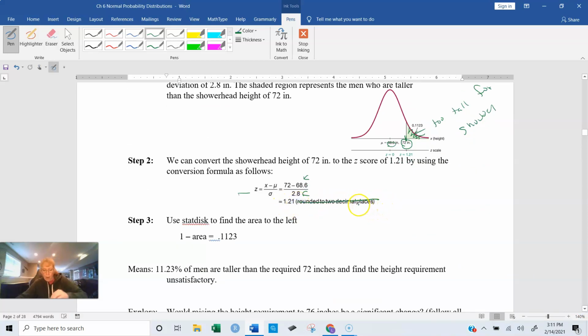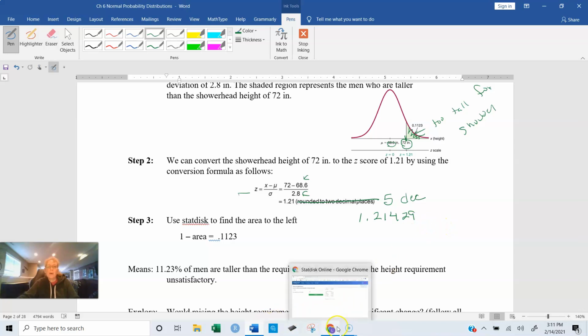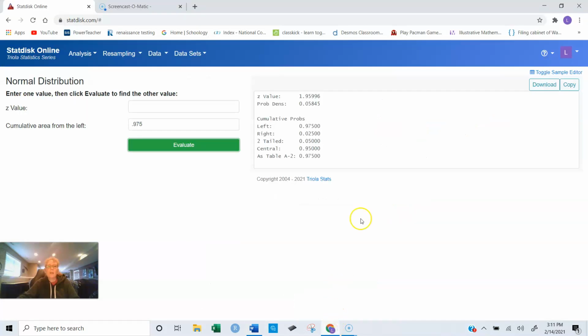I want you to go out to at least 4, if not 5. I prefer 5 decimals. We get a more accurate reading. So when you did it, you should have had 1.21429.